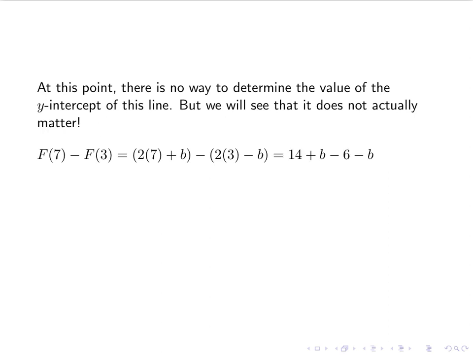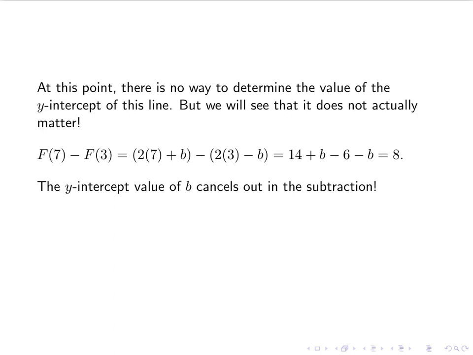I distribute the 2's and the negative signs, combine like terms, and we get 8. Notice the y-intercept value, that b, cancels out in the end. And that's always going to happen. If I have a constant that I don't know, it's going to cancel out in these definite integrals. And again, we're going to see that come up later.